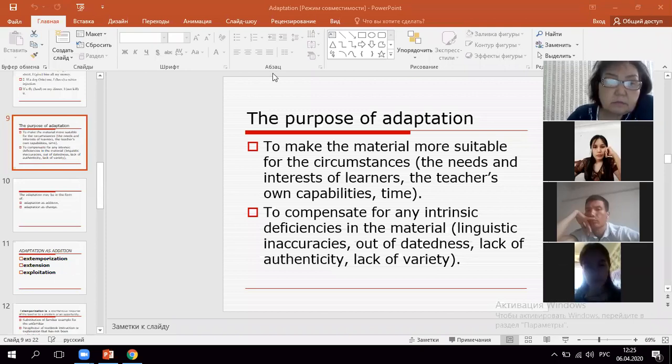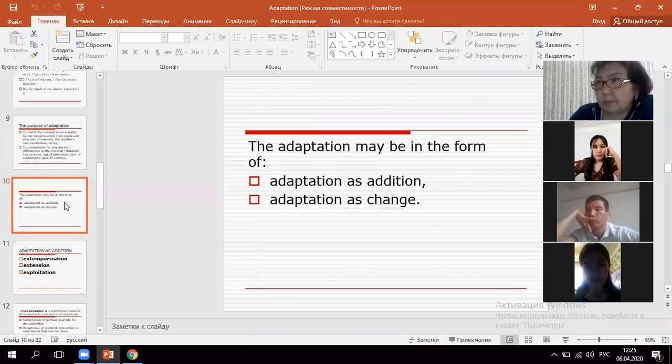There are two forms of adaptation. When adapting, we may add something, which is called adaptation as addition, or adaptation as change, where we change something. Sometimes we add something, or sometimes we change something, yeah?